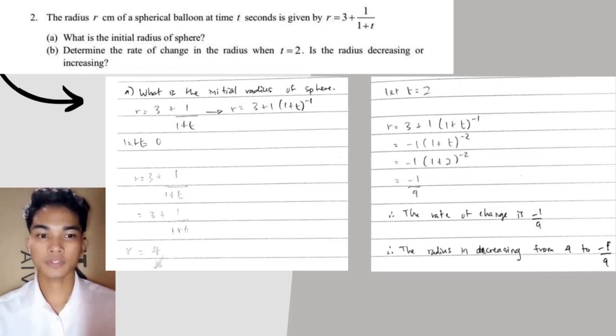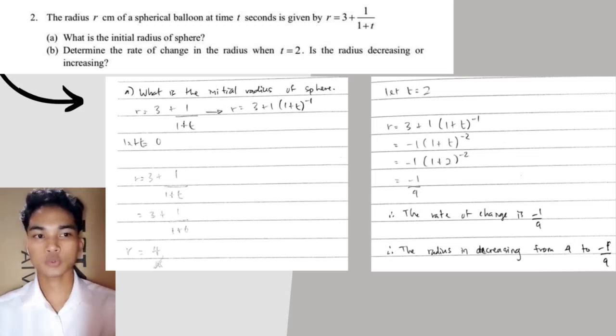We will have 3 plus 1 over 1 plus in parentheses 0, because we have changed the t with 0. Then after we calculate using a calculator, we get the answer: the radius r is 4. So after part A has been solved, let's move to the next part, part B.